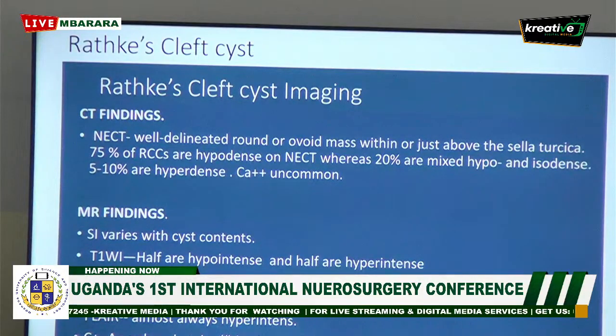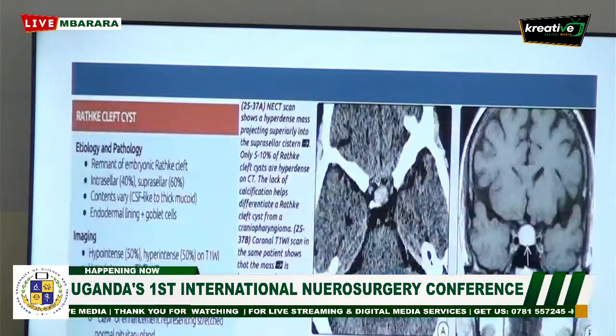But on contrast, the claw sign, which usually results from the cyst compressing the normal pituitary, which enhances, can be seen on most of the images. So again, this is usually a remnant of the embryonic Rathke cleft.